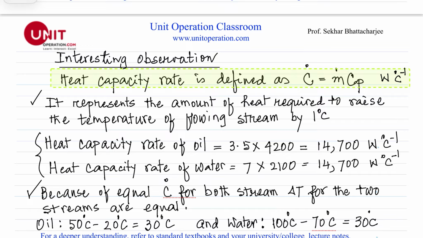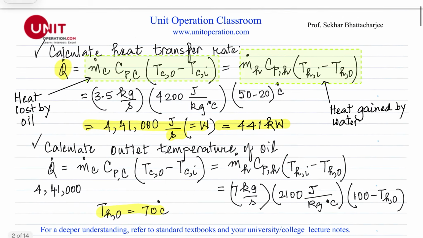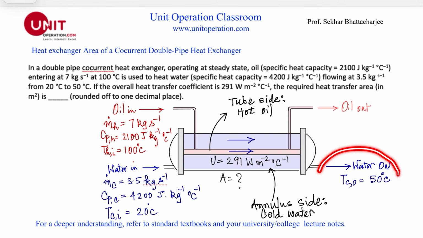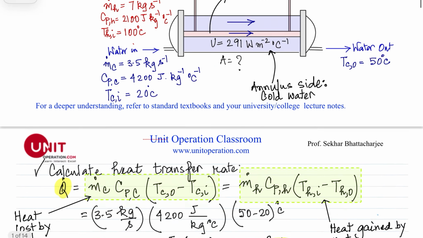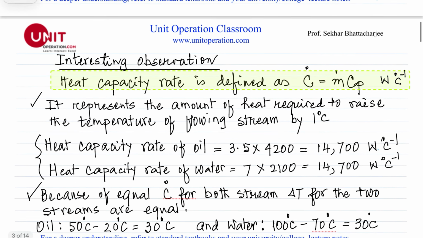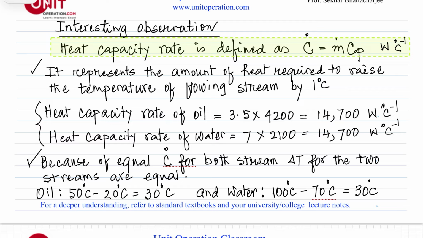For water, this is 50 degrees Celsius and 20 degrees Celsius, that is 30 degrees Celsius. And for the oil, it's 100 degrees Celsius and 70 degrees Celsius.